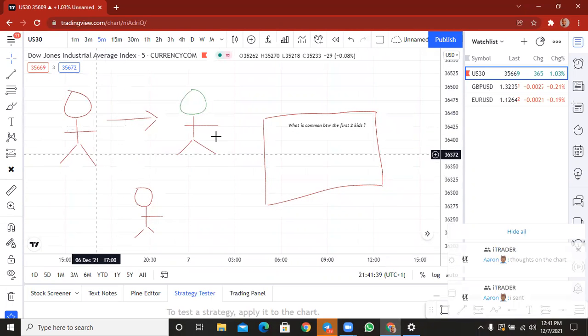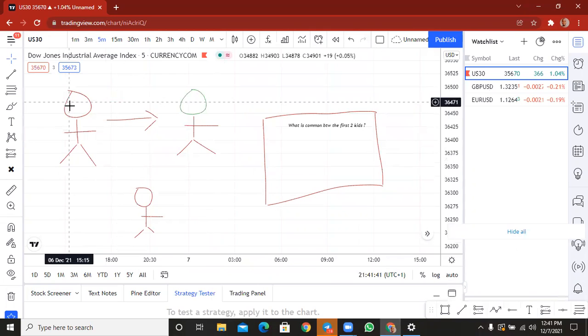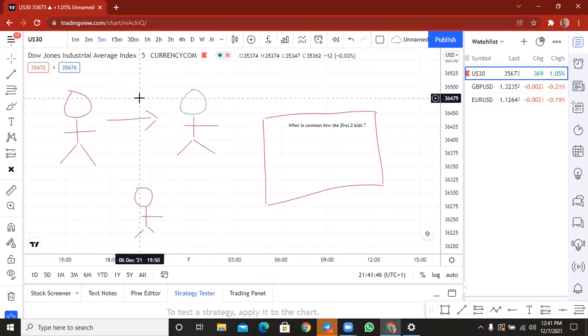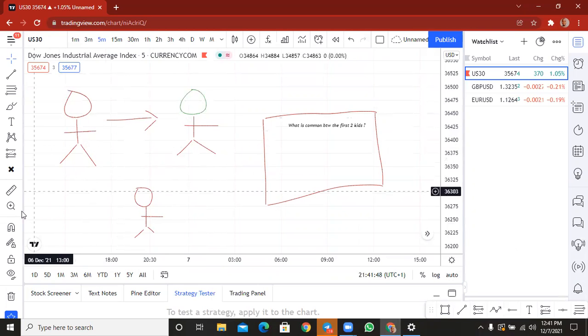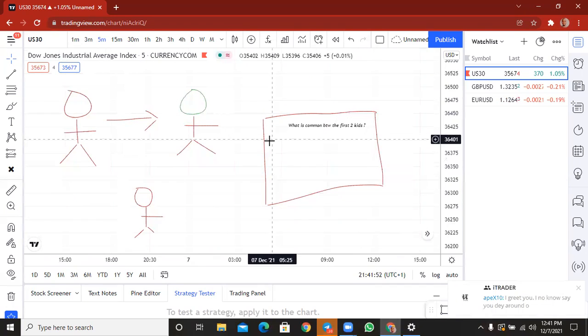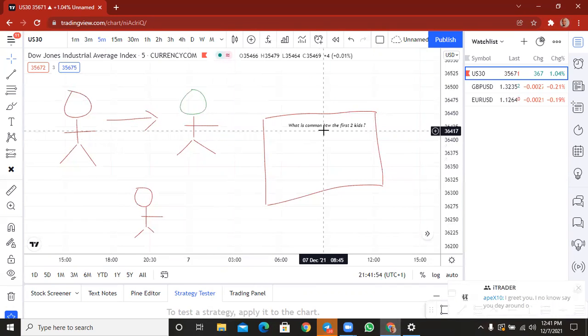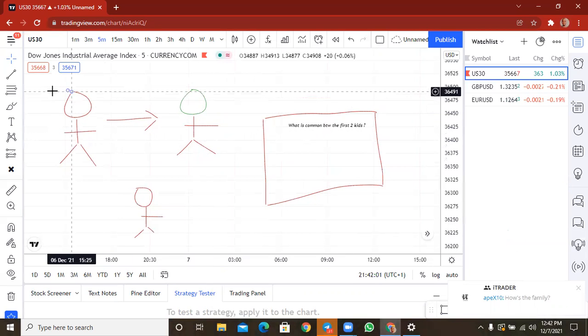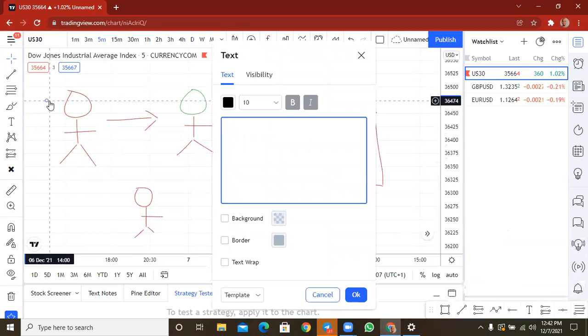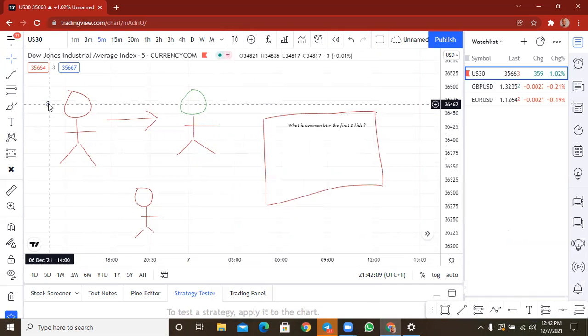So I drew two kids right here, one with a normal red head and one with a green head, and both of them have a stick-like body, right? The body is made with lines, okay? And in the box, you have what is common between the first two kids. They are trying to ask you, what does kid A have and what does kid B have that are similar?